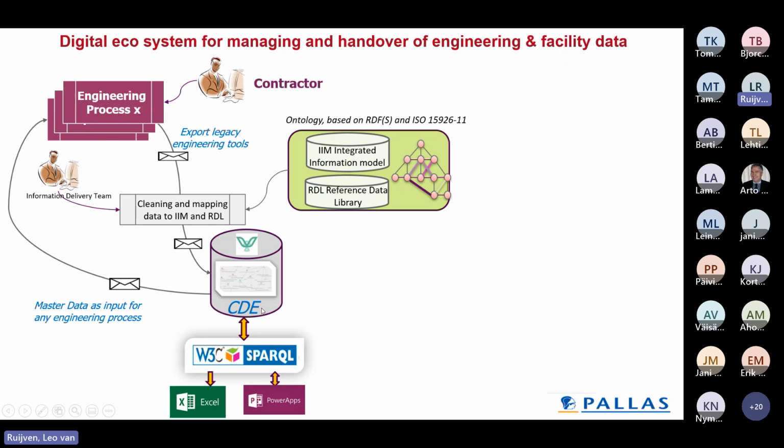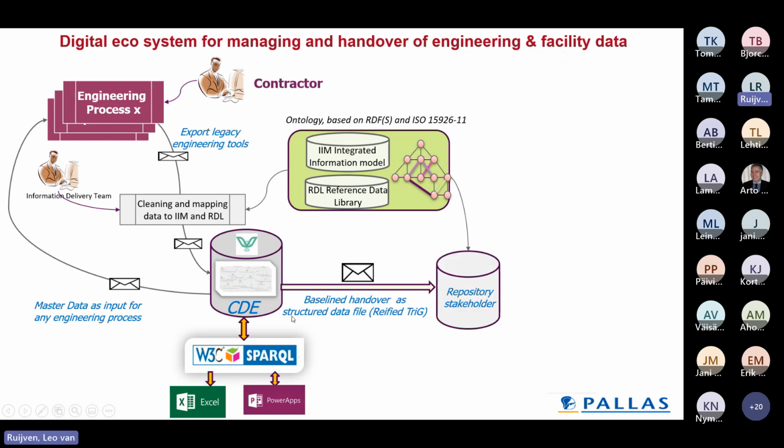So we arrive at a cleaned and integrated data set, which can be seen as master data as input for any engineering process. And we have a view on CD, which we can do in SPARQL. We can do any extract of the CD and put it in Excel, or we can present it in apps. And we have the baseline handover as a structured file.